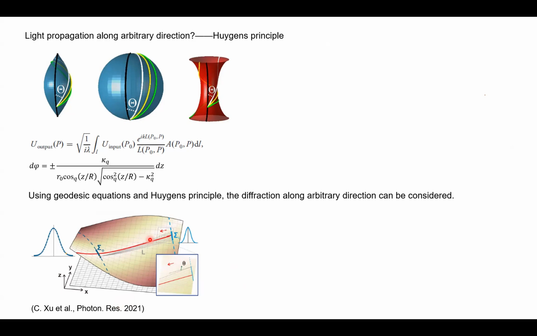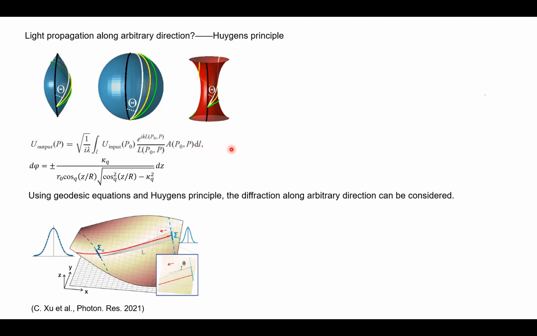Here we assume that each wave propagates along a geodesic, and the final field distribution is a superposition of all the spherical waves, which is this formula.